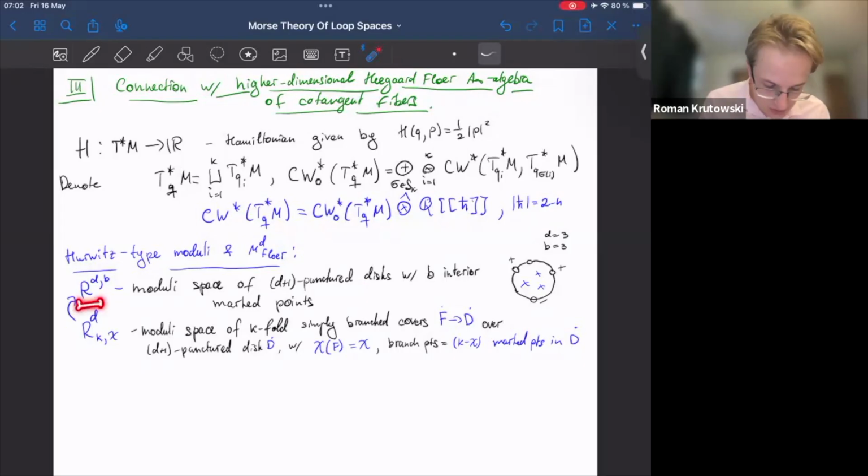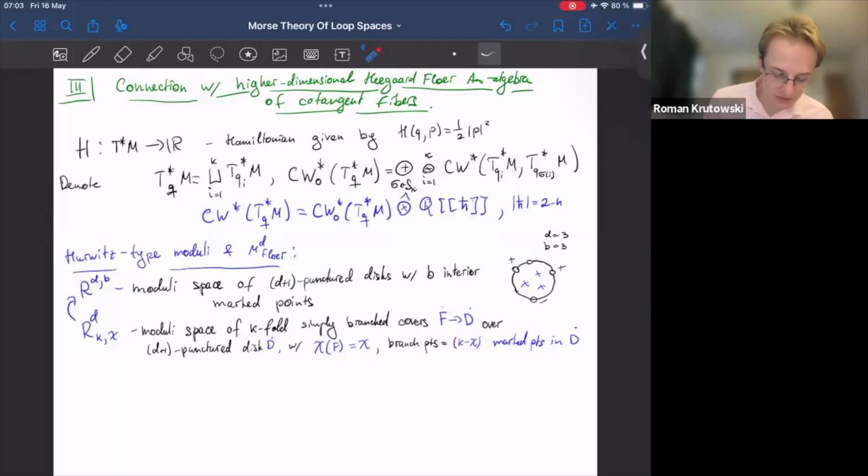So first, let me denote by R_{D,B} the moduli space of D+1 puncture disks with B interior marked points. So here is a cartoon. Over this space, we can consider the space of kappa-fold simply branched covers from a certain domain to a D+1 puncture disk, such that the Euler characteristic of the domain is equal to chi, and the number of branch points is equal to kappa minus chi.